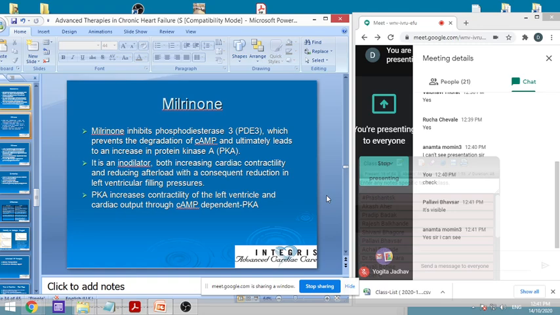Then PKA, that is protein kinase A, increases the contractility of the left ventricle and cardiac output through cyclic AMP dependent kinases. So this is how milrinone is acting.